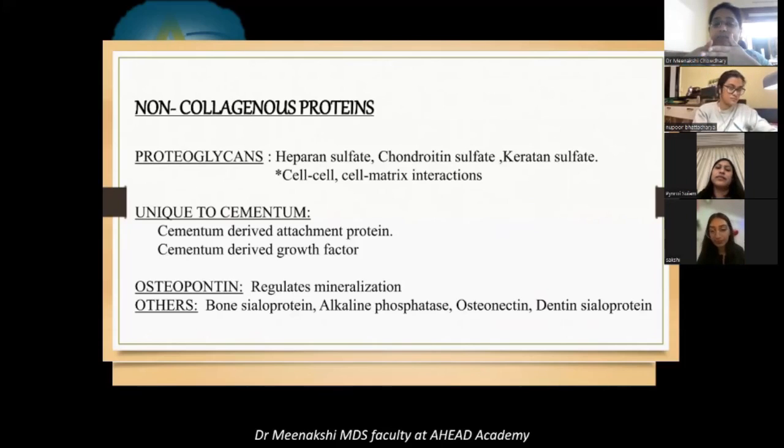Other regulatory proteins for mineralization include osteopontin, followed by bone sialoprotein, alkaline phosphatase, and bone-like proteins like dentin sialoprotein. Osteonectin in traces has also been seen in the ground substance, making the non-collagenous proteins the other half part of the organic matrix of the cementum.